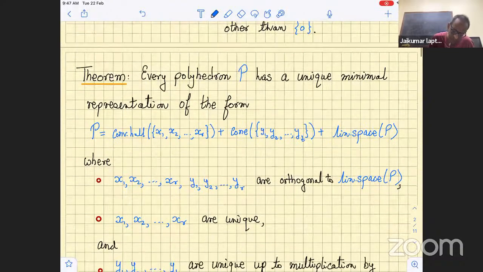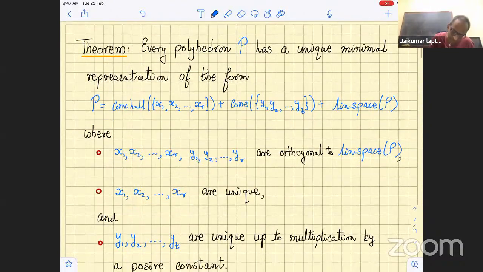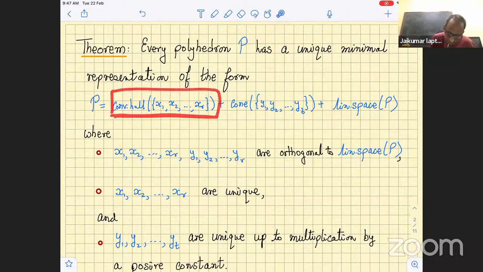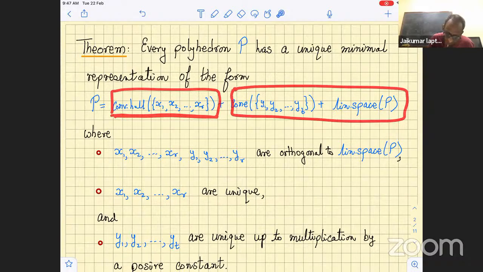But the general theorem is this, that if you give me any polyhedron, it can be written as, last time we said, a convex hull, which was the Q part, plus the C part.